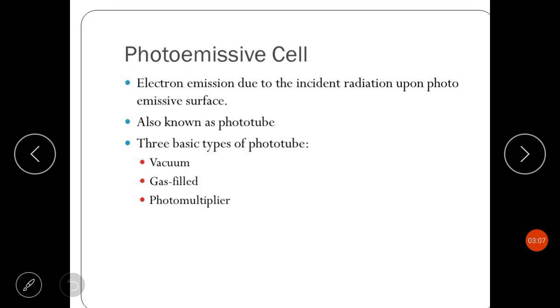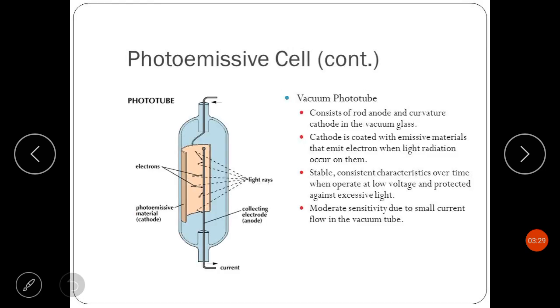It is also known as a phototube, and there are three types: vacuum type, gas filled type and photomultiplier. First we'll discuss the vacuum type photoemissive cell. I'll also discuss the advantages and disadvantages, and why we go for the gas filled photoemissive cell or photomultipliers.